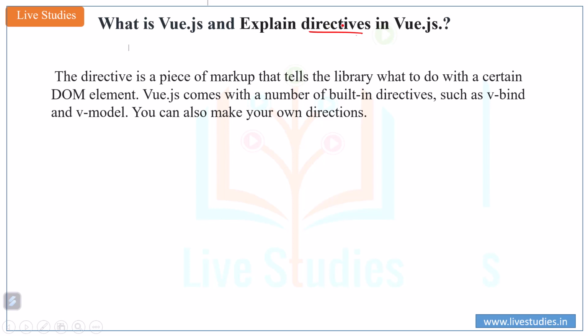A directive is a piece of markup that tells the library what to do with a certain DOM element. Vue.js comes with a number of built-in directives such as v-bind and v-model.